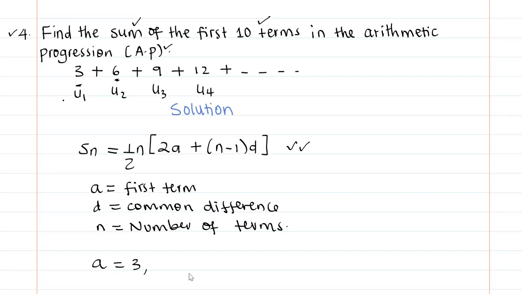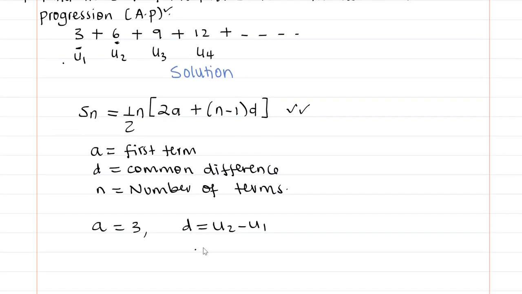So in this case, common difference becomes U2 minus U1. And then you substitute U2 is 6 minus U1 is 3. Then we subtract and it gives us 3.